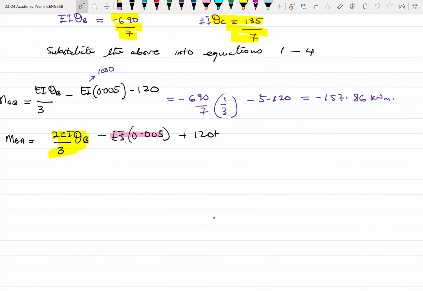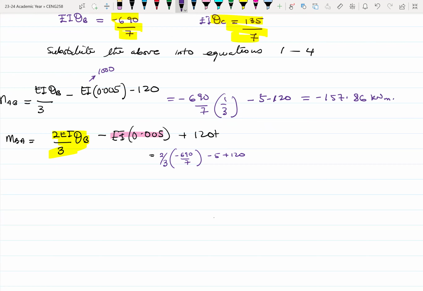So this will be equal to 2 over 3 into brackets minus 690 over 7 minus 5 plus 120. It's something very similar to what we had earlier, but then the values will change slightly.